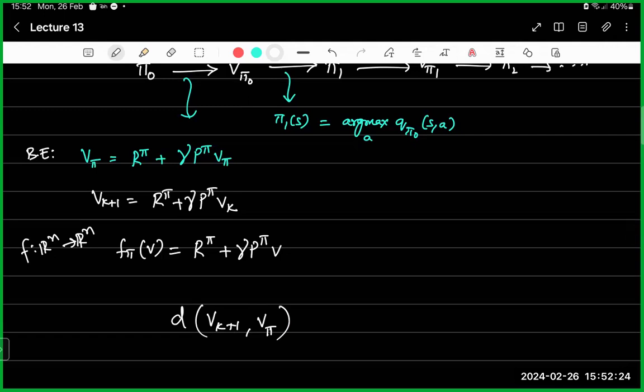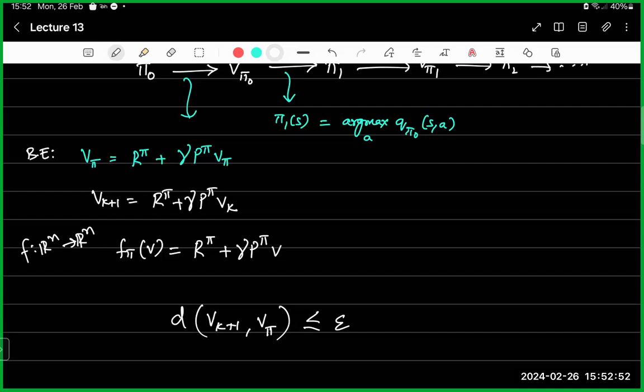Let's say you want this to be less than some small epsilon. We want V k to get closer and closer to V pi. I want V k plus 1 not to deviate from V pi by more than epsilon, so you want to be within an epsilon region around V pi.